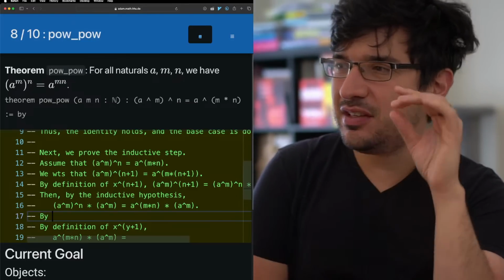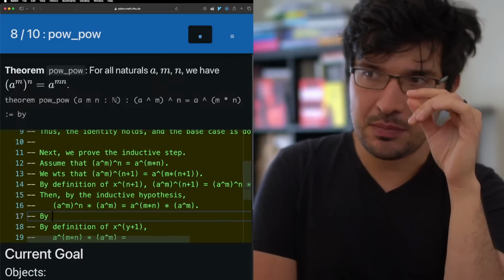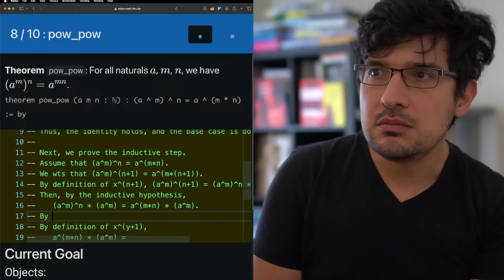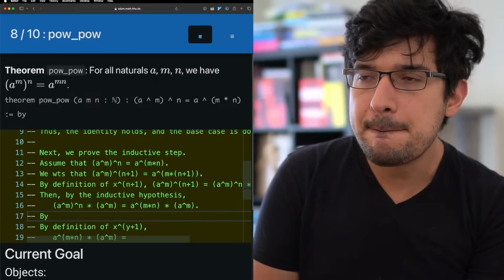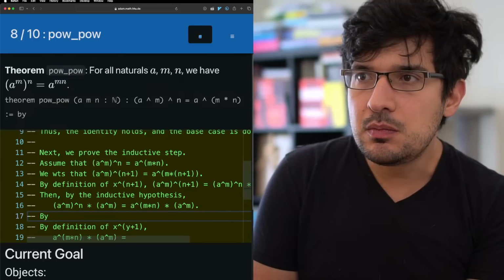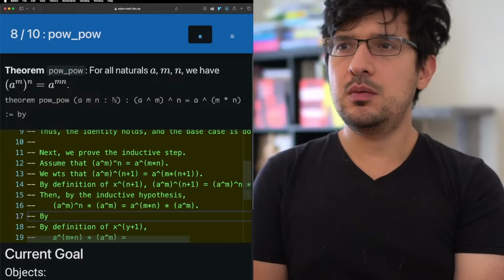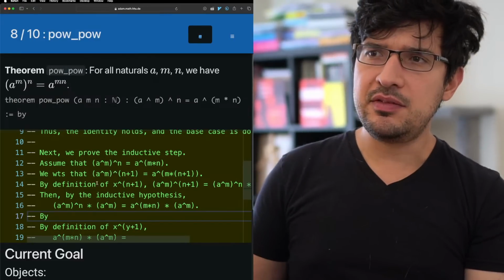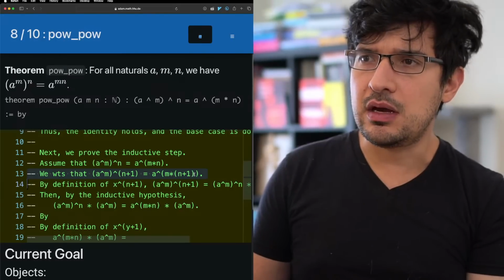It would be easier for me to see this stuff if I wasn't using ASCII, but drawing with positional notation. Assume a to the m. We want to show that this left-hand side on line 13 equals this right-hand side.